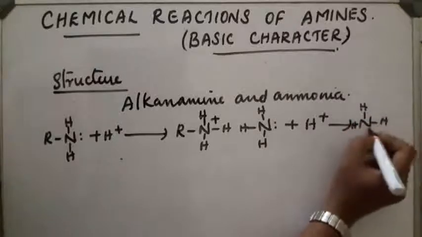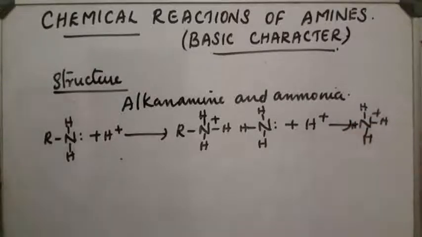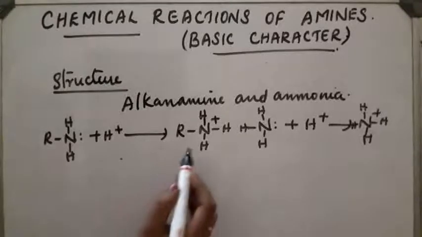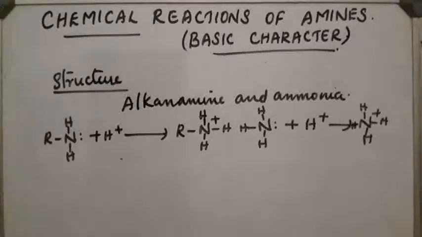From the structure we can see that this contains an alkyl group, which is electron releasing. So the structure of this alkanamine is more stabilized compared to ammonia, so it is more basic than ammonia.